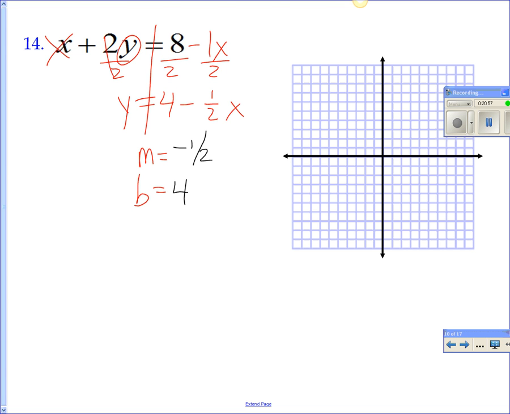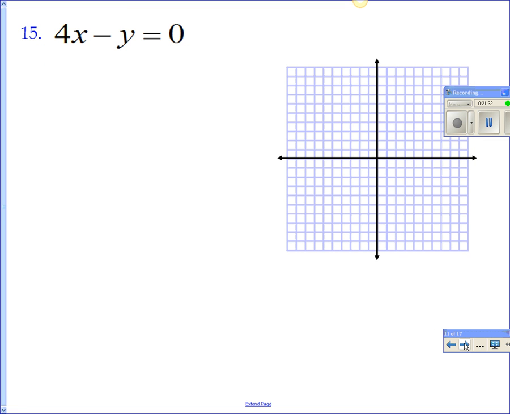So I go up 4. And then what do I do with this, Steven? How do I go? All right, so you go down first. So down 1 and then right 2. Okay? So down 1 over 2. All right, I'll come back to this if mine needs me to.